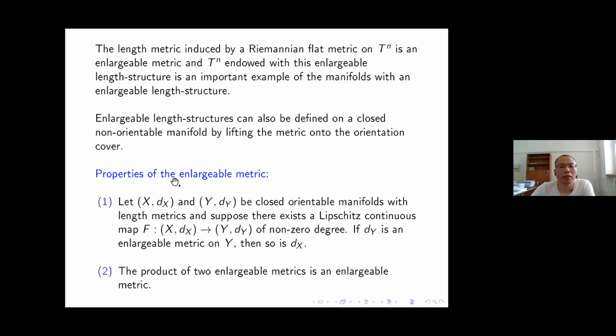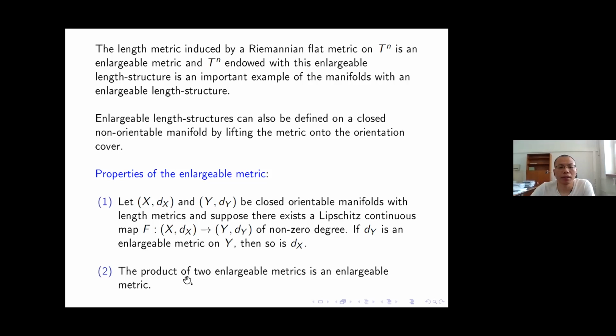There are two properties of enlargeable metrics. First, if S and Y are closed oriented manifolds with length metrics, and suppose that there exists a Lipschitz continuous map F from S to Y, and we also require that the map is of non-zero degree, then if the metric on Y is an enlargeable metric, then the metric on S is also enlargeable.